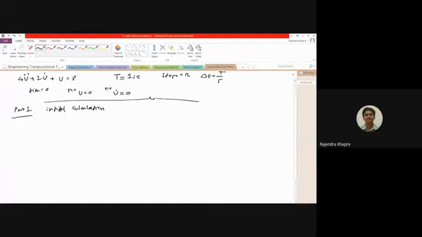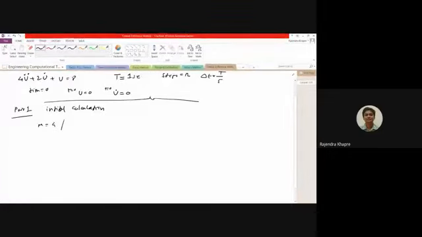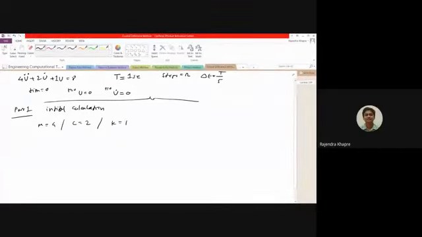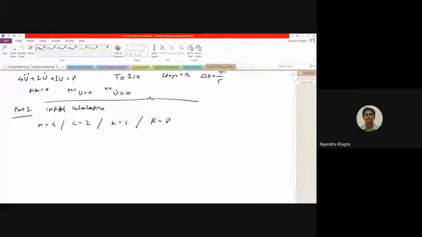Here these values are already given to you. So your mass matrix is 4, your damping matrix C is 2, and your stiffness matrix is 1, because here this 1 is there. And your R matrix is given to you as 8.